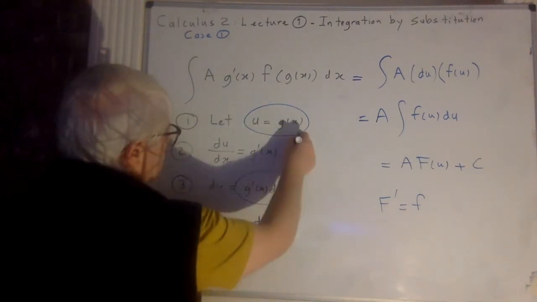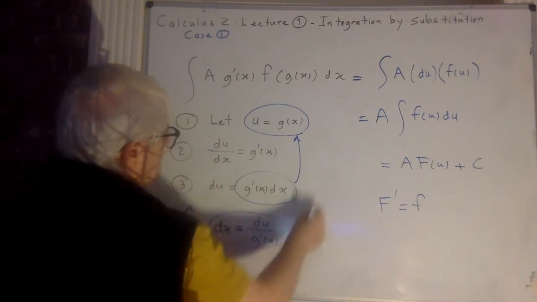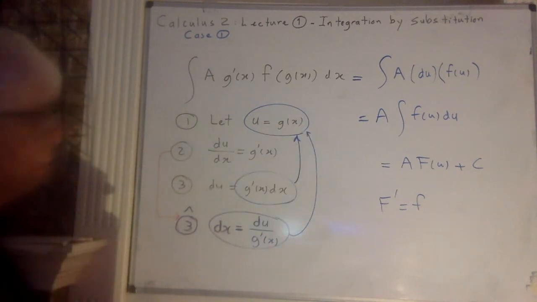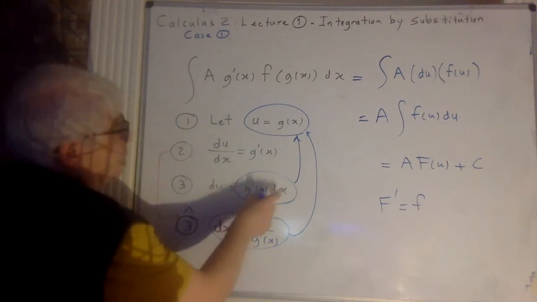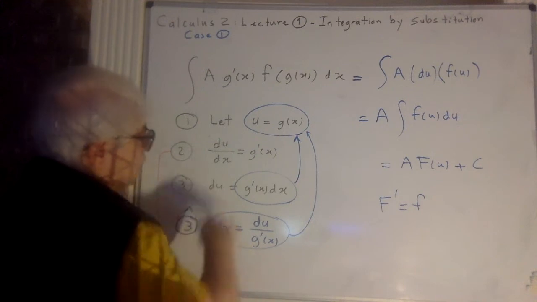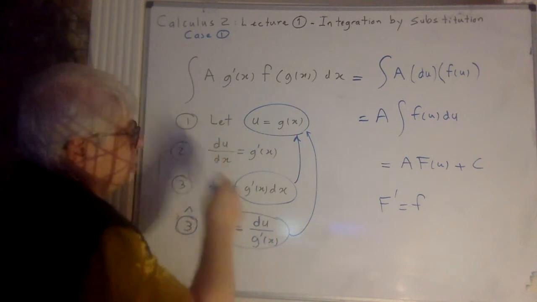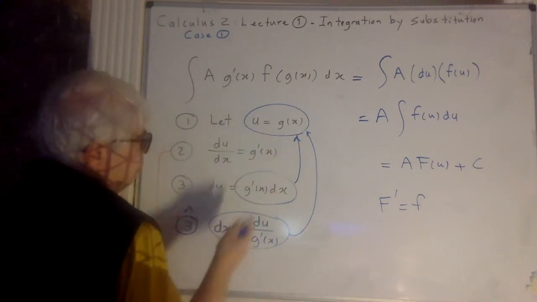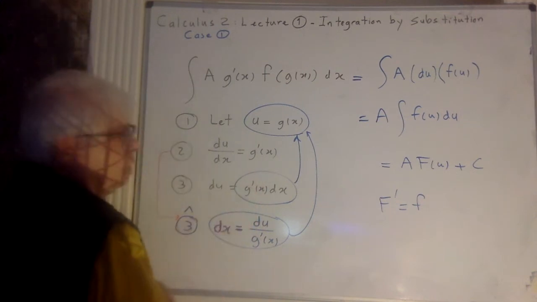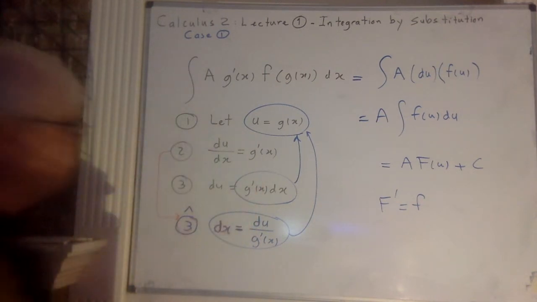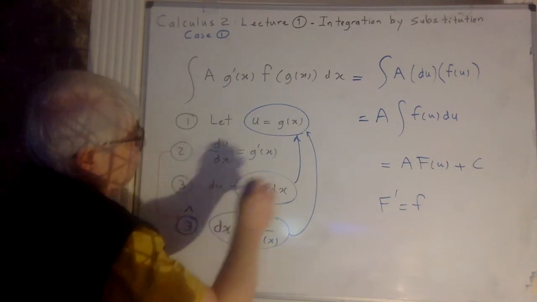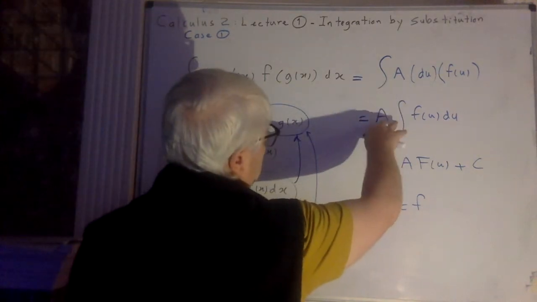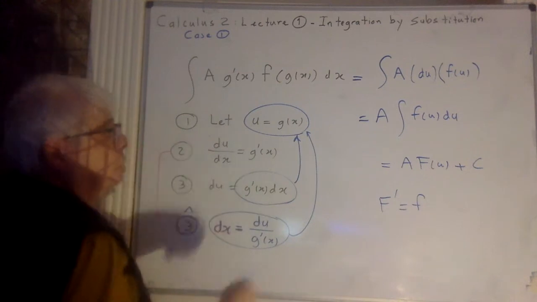So either this and this, or this and this. So the first one is definitely u equals g(x). The second one, if you can identify g prime x dx, then just throw it away and put du for that. Otherwise, you can just write du over g prime x for dx, and then the g prime itself is cancelled. Especially this works nicely if you cannot really see the derivative, you cannot see that there is an a times the derivative.